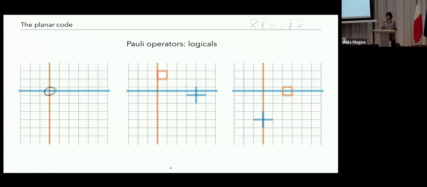Not only that, we have to check whether these operators actually commute with the identity. And that is very easy because if we have orange and orange operators, they are of the same kind. So a bunch of Z always commute with a bunch of Z, similar for the X. And if we check when we have this vertical line here, and we take any vertex operator, this is always gonna overlap on 2 qubits.